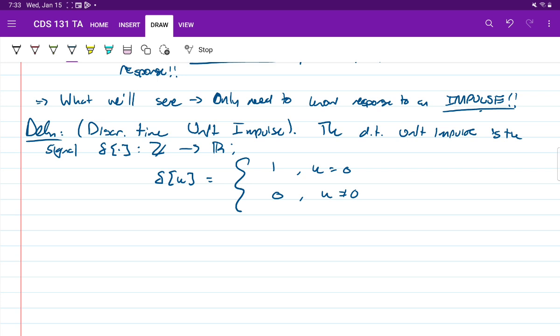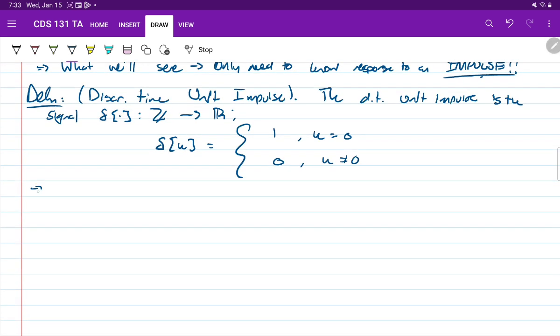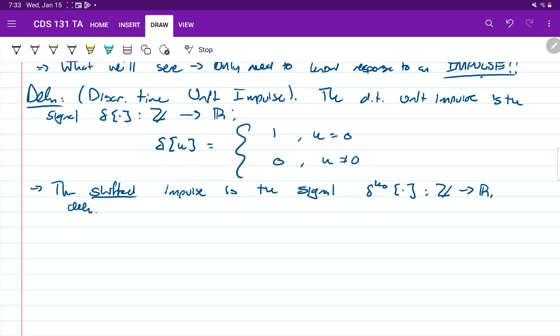We can also define a shifted version of this, which will sometimes be useful. The shifted impulse is the signal delta superscript k naught, which still maps from Z to R. This signal is simply defined by shifting the standard unit impulse: delta k naught at time k equals delta of k minus k naught, where k naught is some fixed integer value.